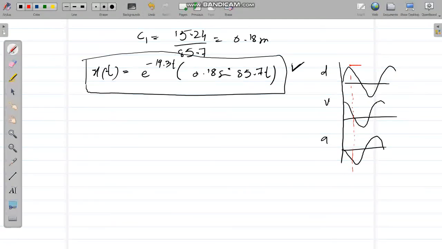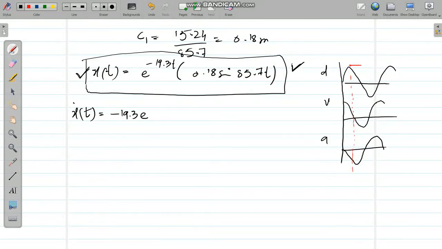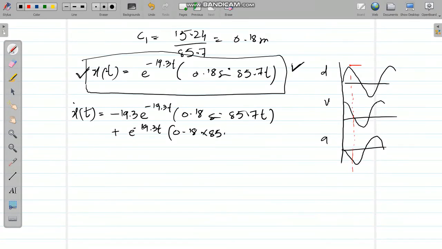So the trick is, if we take the derivative of this equation, x dot of t, again using the product rule, we get 19.3 e to the minus 19.3 t into 0.18 sine of 85.7 t, plus e to the minus 19.3 t times 0.18 into 85.7 cos of 85.7 t.